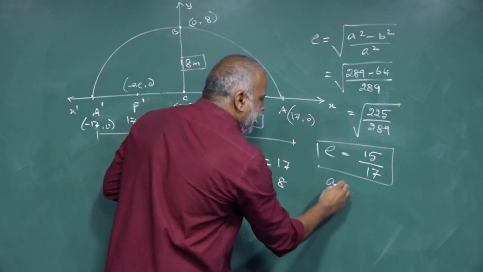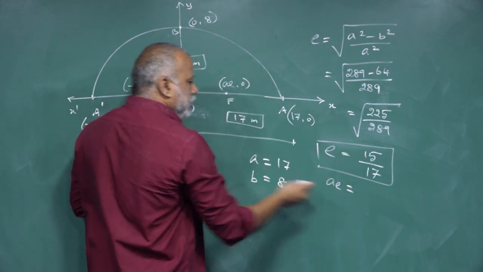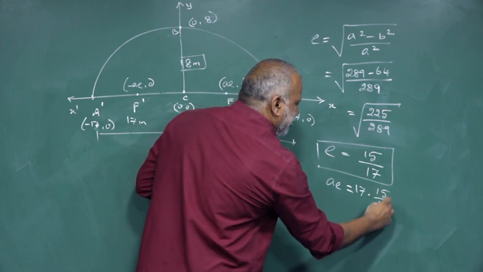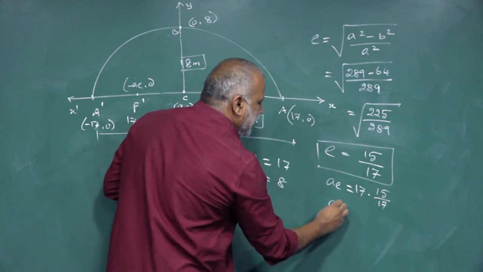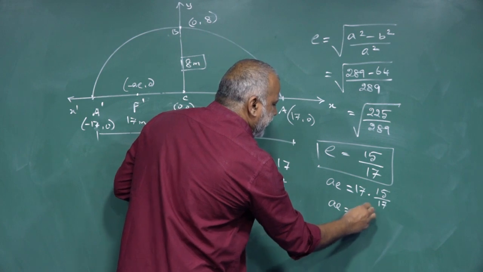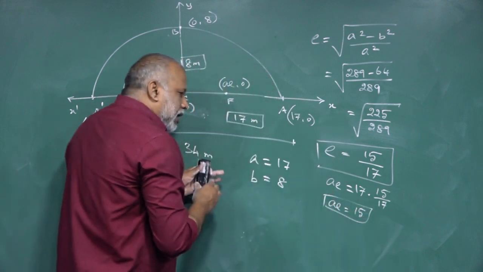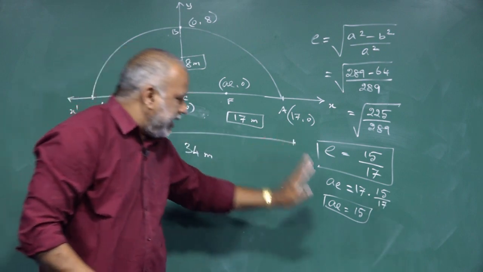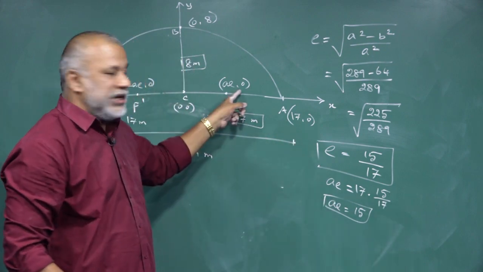Therefore, we need ae. A is already worked out as 17, and e is 15 by 17. 17 will be removed, therefore ae equals 15. So the focus must be (ae, 0).